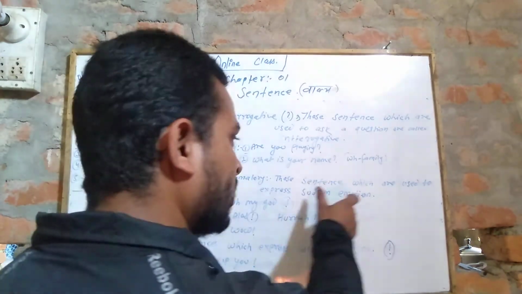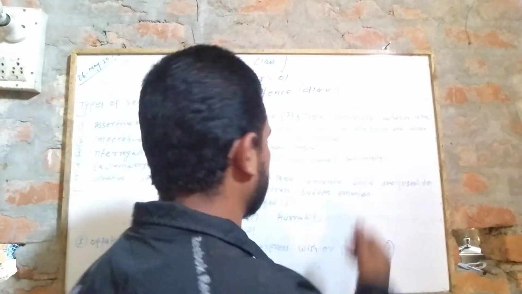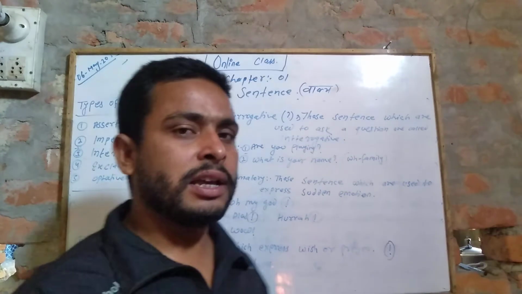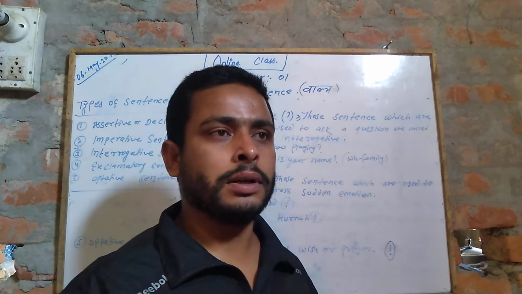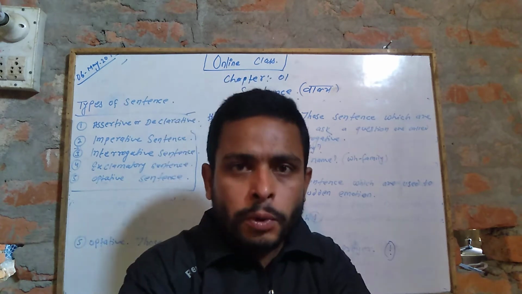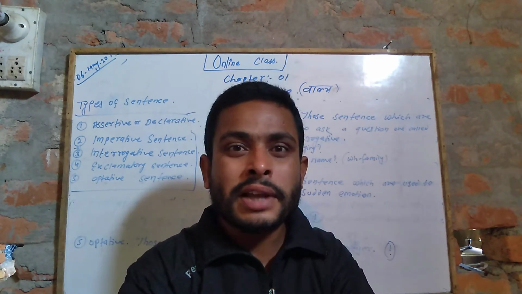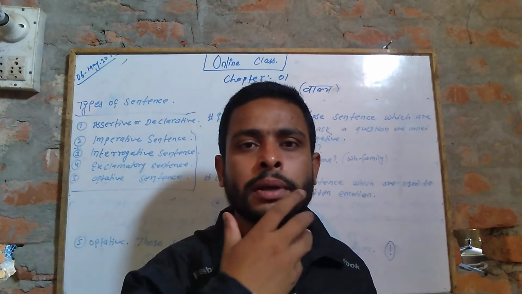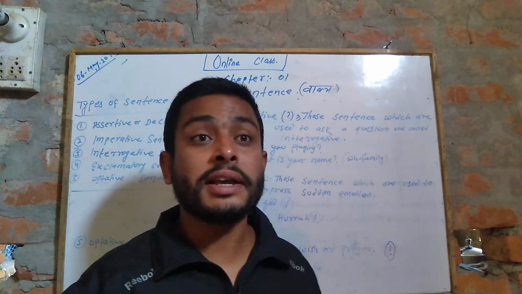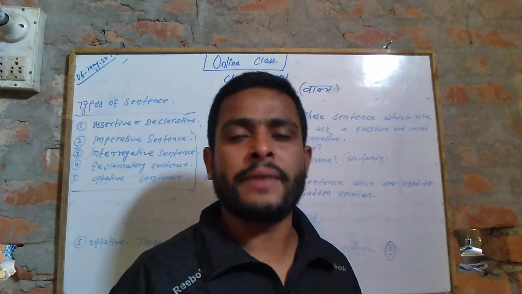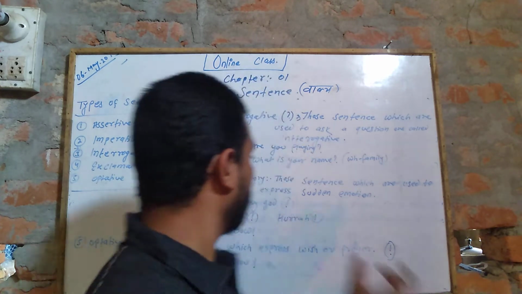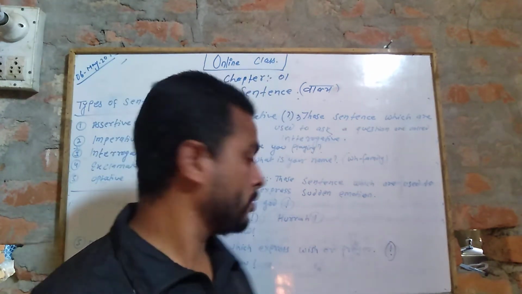Exclamatory. Sentences which are used to express certain emotion, related to our emotion. When you watch a movie, we start to cry, tears come from our eyes. That is a sorrow emotion. You don't know what scene will happen. For example, Oh my God. Allah.